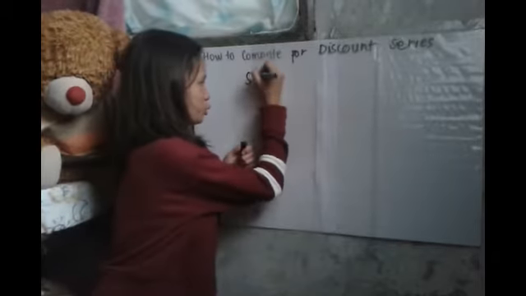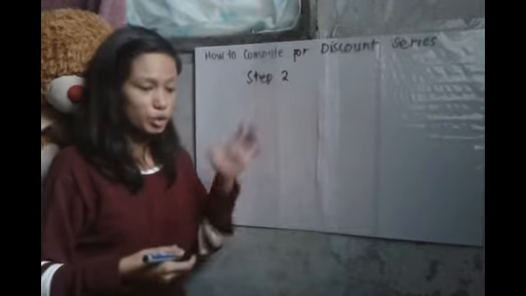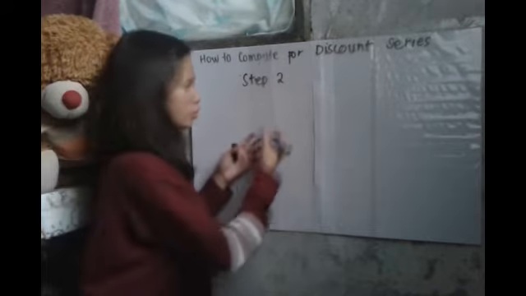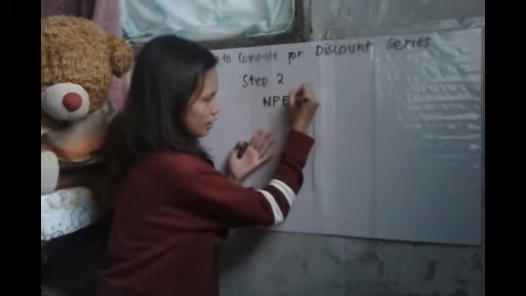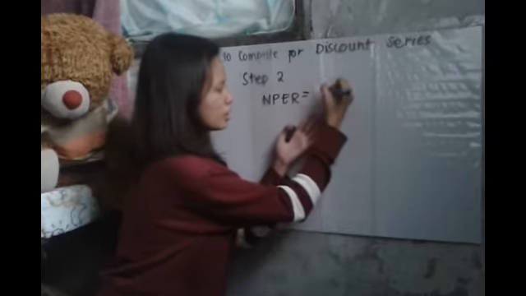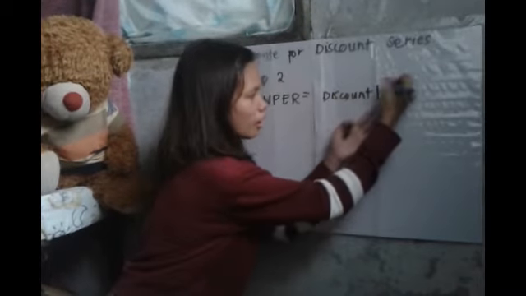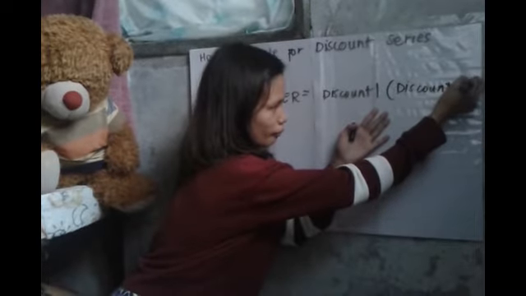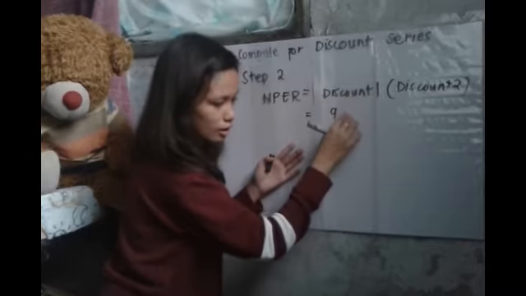Next is step 2. In step 2, we multiply them together to get the net price equivalent rate. So, yun. Net price equivalent rate equals to discount 1 times discount 2. So, 90.